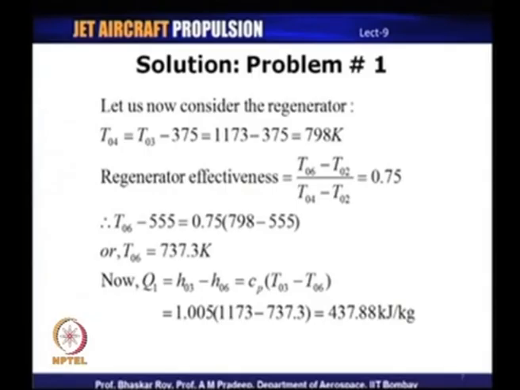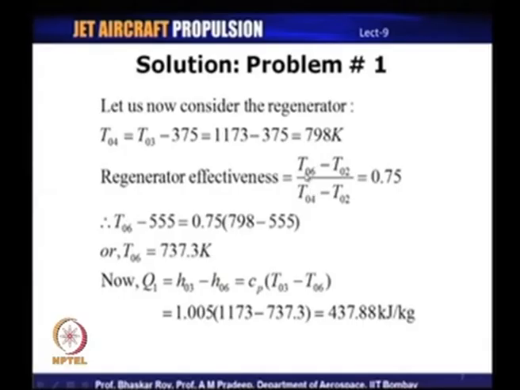The effectiveness of a regenerator tells us that if effectiveness was equal to 1, then T06 would be equal to T04. That is, we can heat the compressor outlet all the way up to a temperature equal to the turbine exhaust. That is an ideal process. If the regenerator had no irreversibilities, perhaps that would be possible, but we know it is not, because regenerator effectiveness in this case is 0.75.